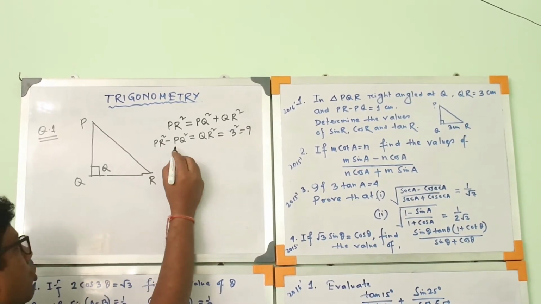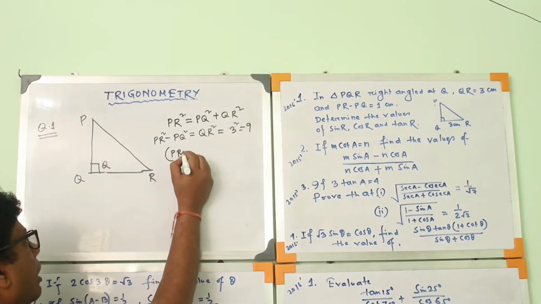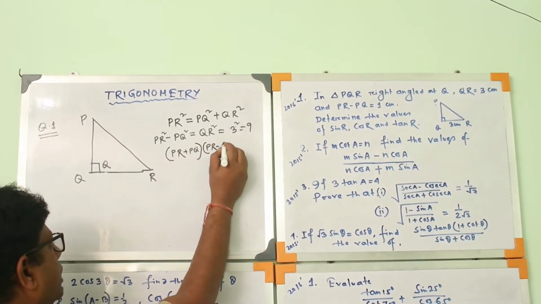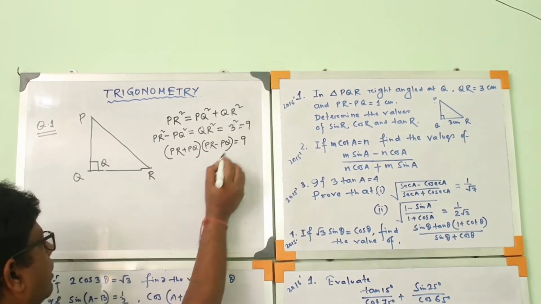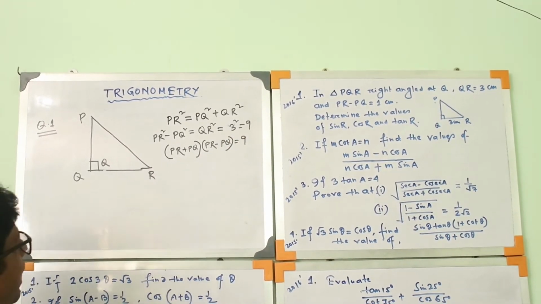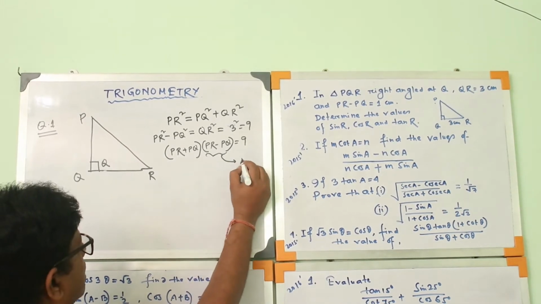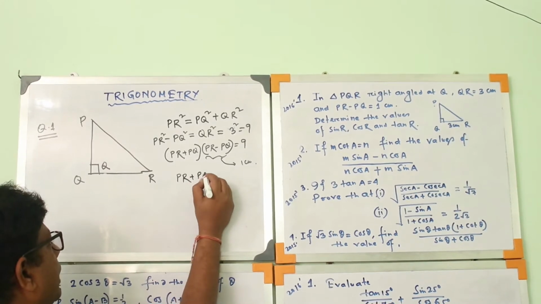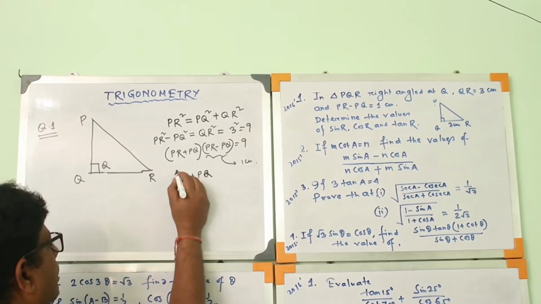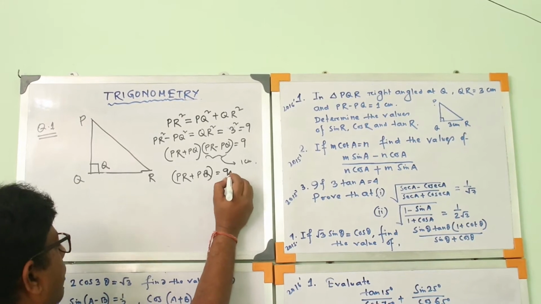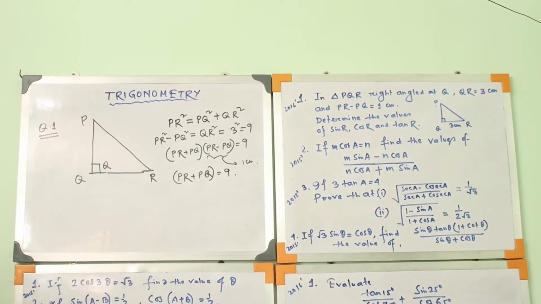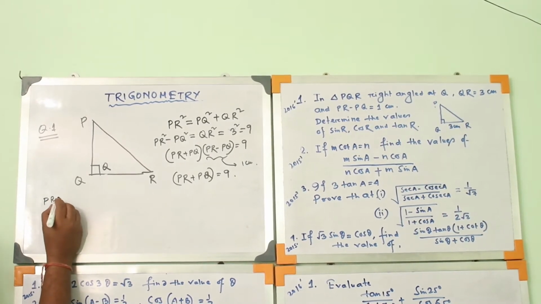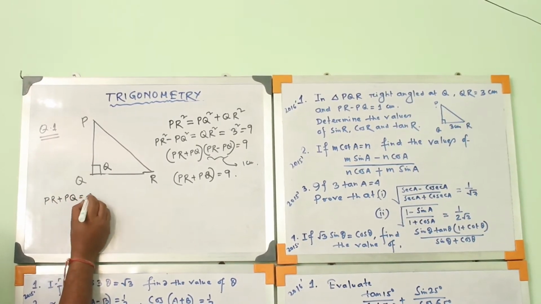PR square minus PQ square, we can write as PR plus PQ times PR minus PQ, and this is equal to 9. PR minus PQ is also given as 1 centimeter. So we can write PR plus PQ is equal to 9. So two important equations. First one is PR plus PQ is equal to 9.